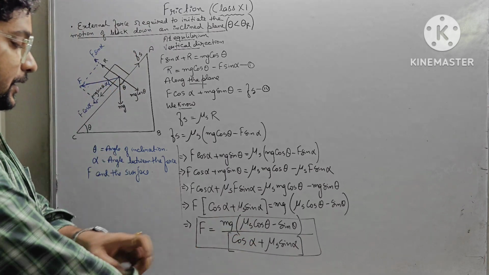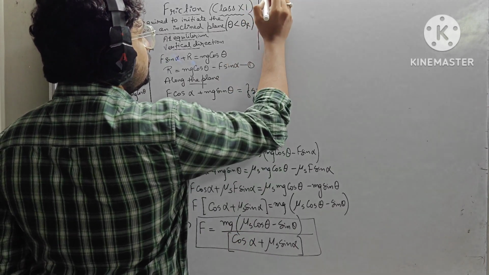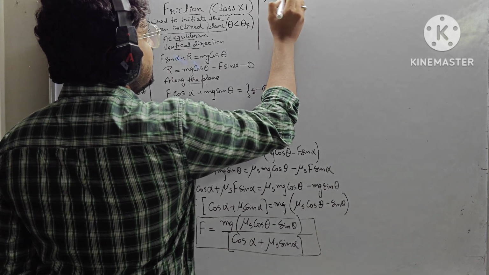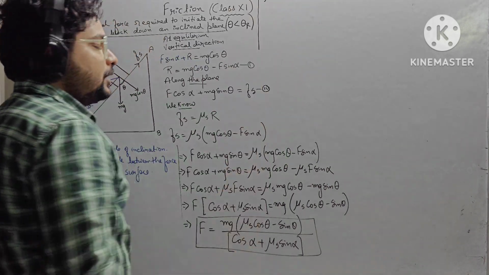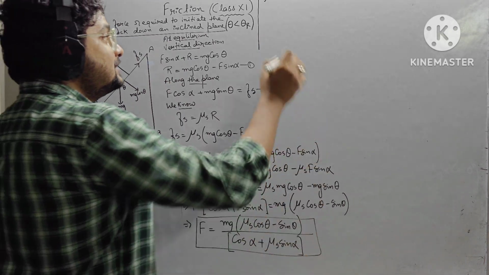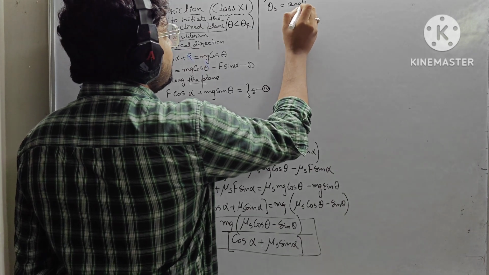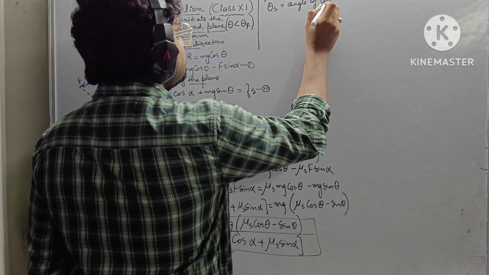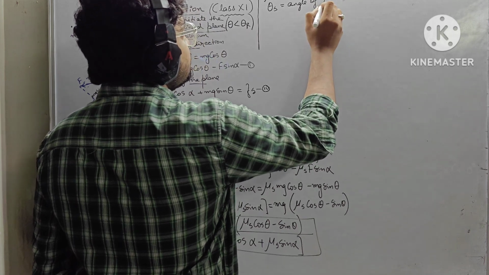Now see, mu s I can write as tan theta s. Now what is this theta s? This theta s is basically the angle of friction.